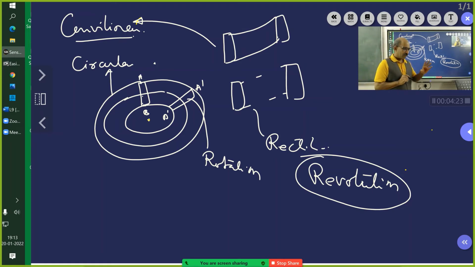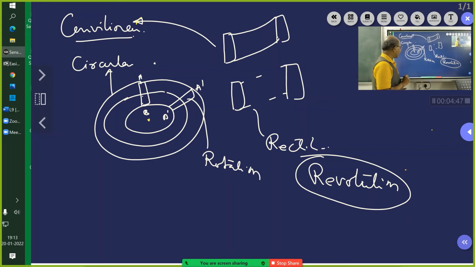So then you must talk in terms of translation and rotation. With respect to Sun, Earth is very small. Then for practical purposes, if you consider Earth to be a point object, then it is moving in a circle. That is how you have to look at this.